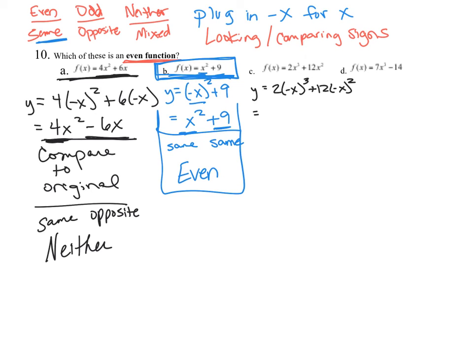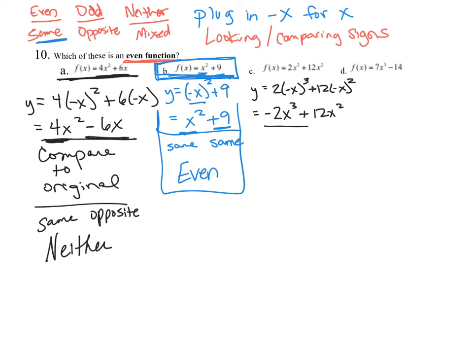So negative times negative, since we have 3 of them, so negative times negative is positive, then times another negative still makes it negative. So that would be negative 2x cubed. And then we have the second part, which is negative x times negative x, which is positive. So negative times negative is positive. Positive times positive is still positive. So then positive 12x squared.